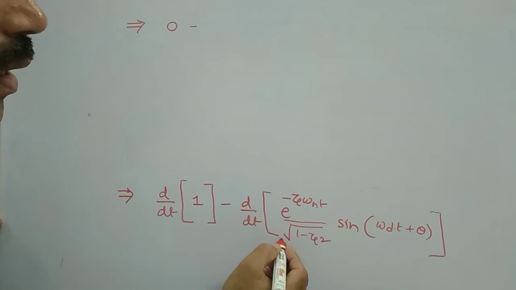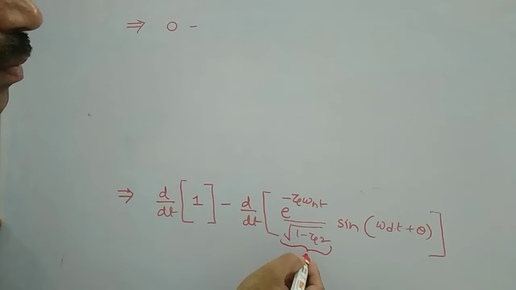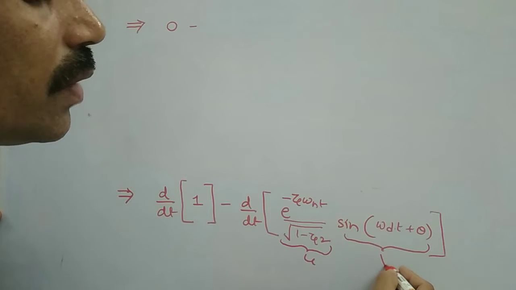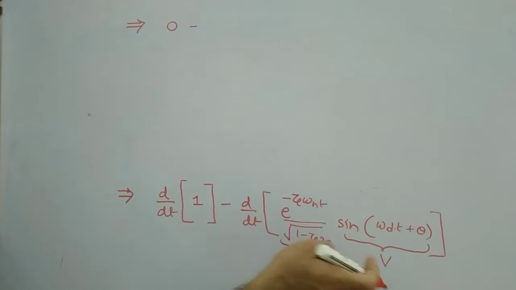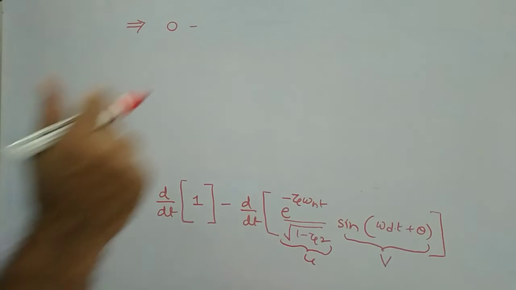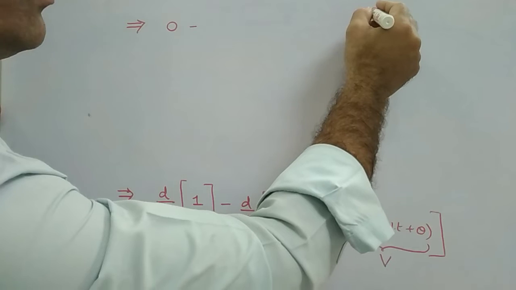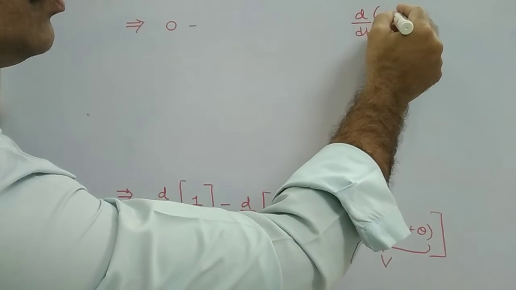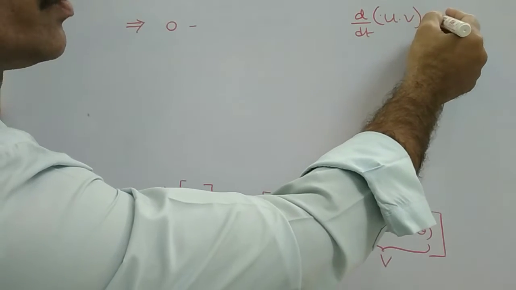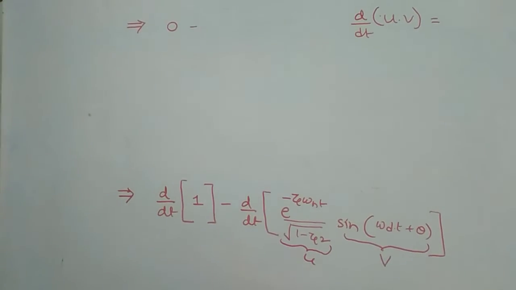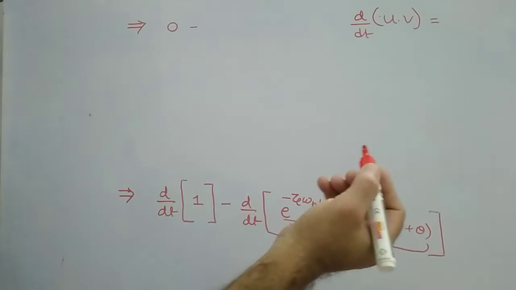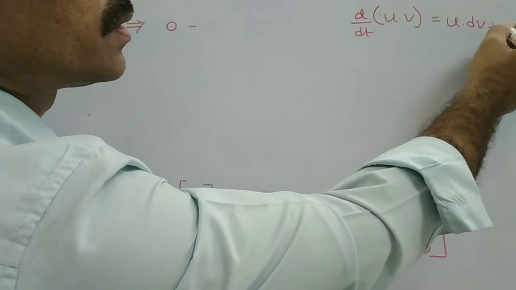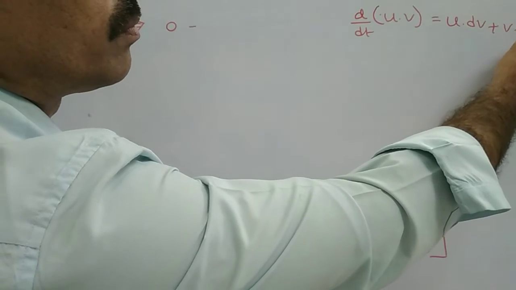You can treat the first term as u and the sine of omega d t plus theta as v, means u into v. You might remember from your intermediate studies, d by dt of uv is u into dv plus v into du. That is the formula.